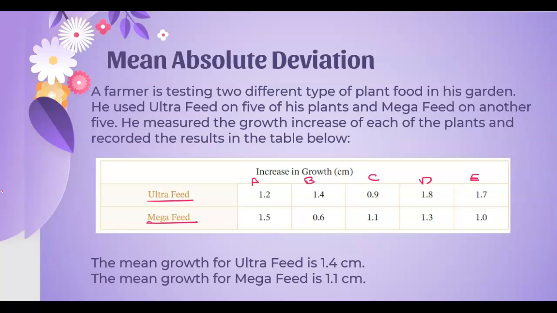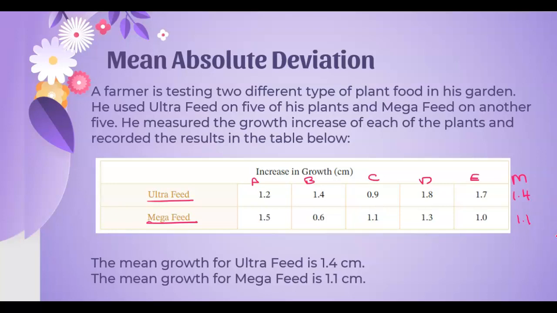So when you find the mean of both of these sets of data, the ultra feed mean is 1.4 centimeters, and the mega feed is 1.1 centimeters. Can you predict which food will produce less variability? Which plant food would you pick?